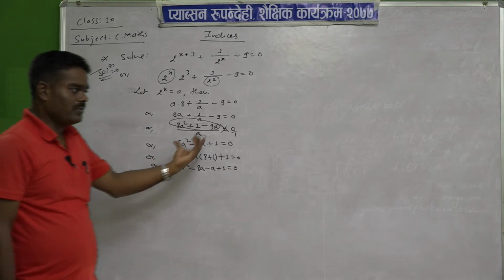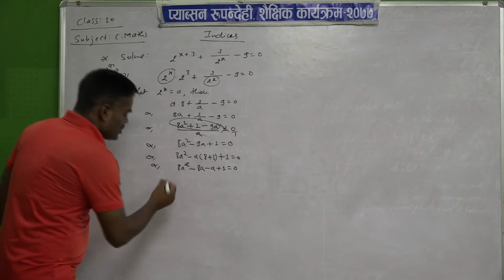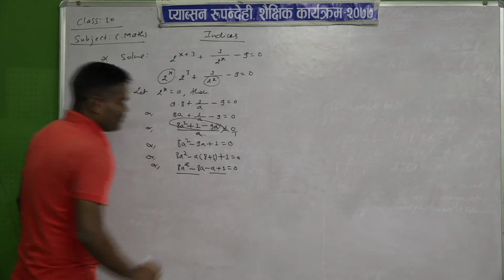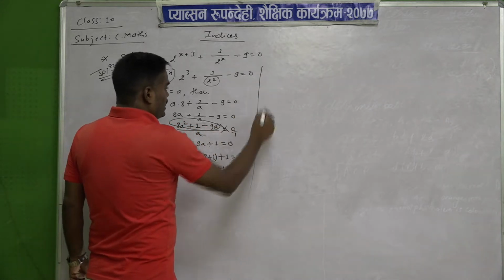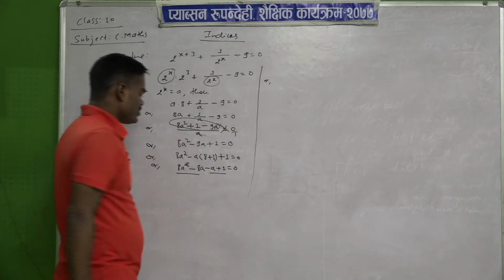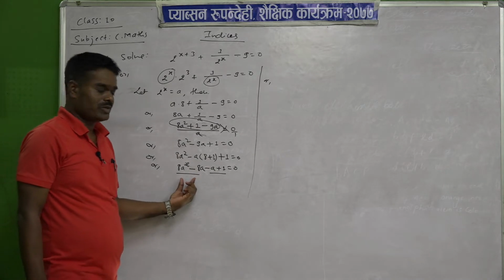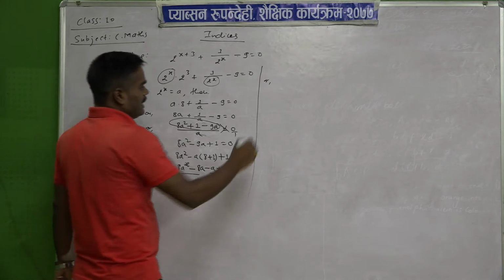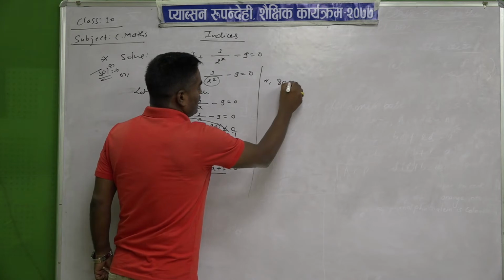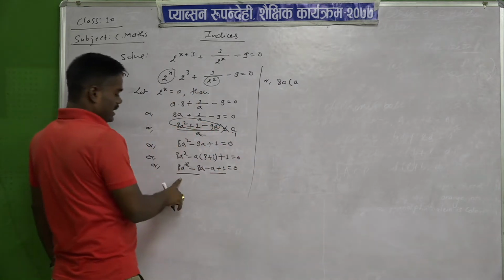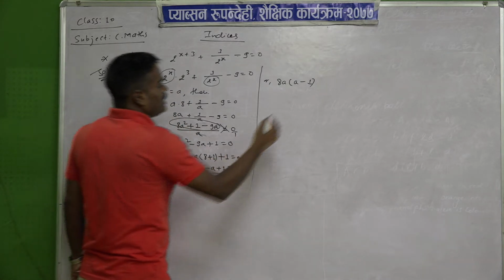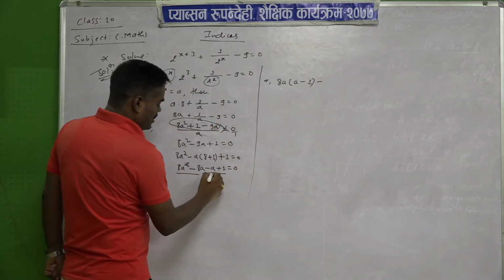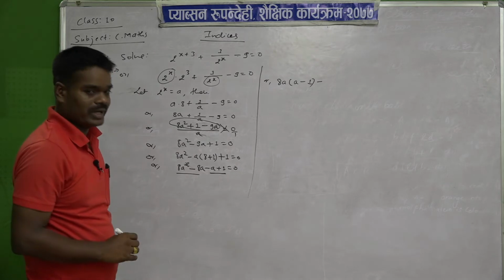In this way we have got how many terms? 4 terms. So between these 2 terms we should take common. See there, what is common in both terms? 8a is common. So take 8a common. What is left here? A minus 1. Then between these 2 terms, what is common? 1 is common.